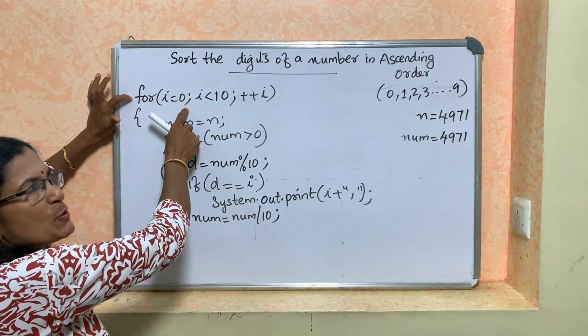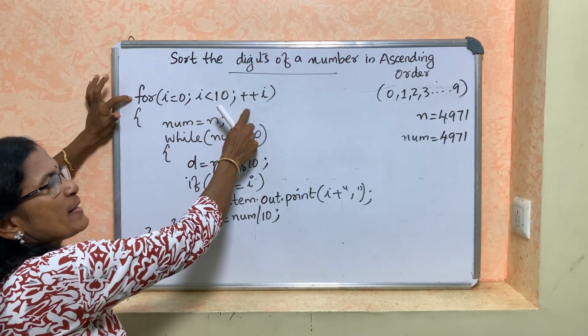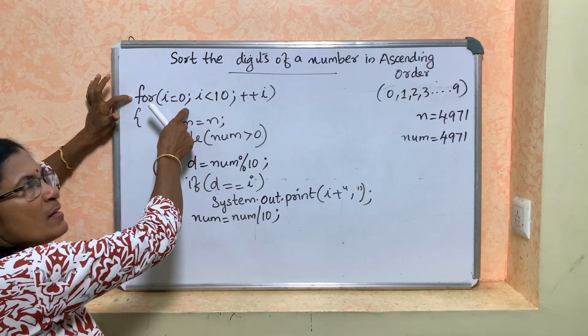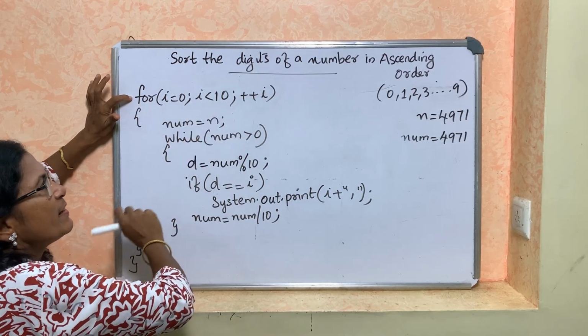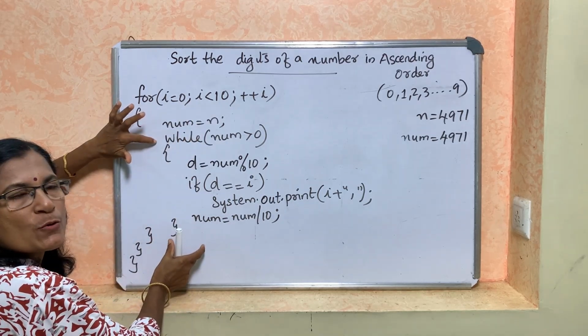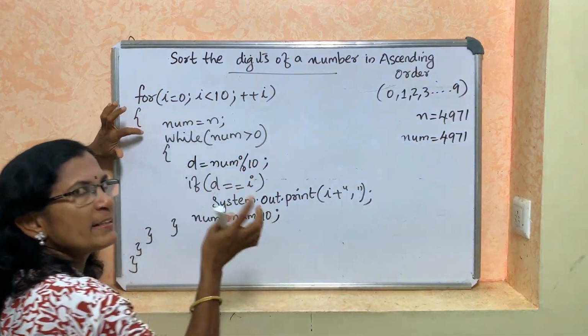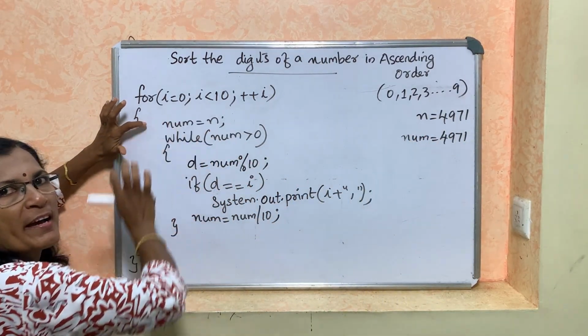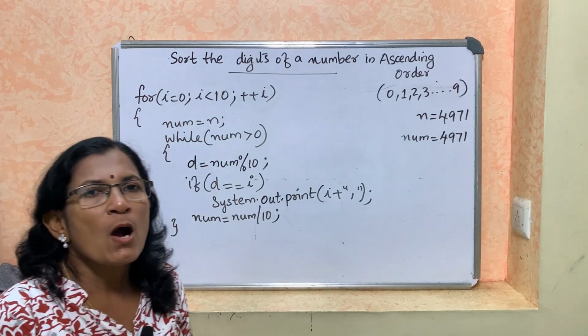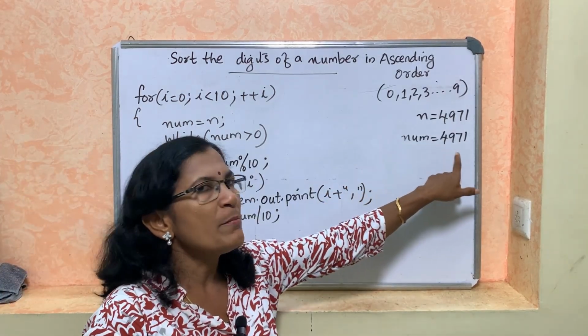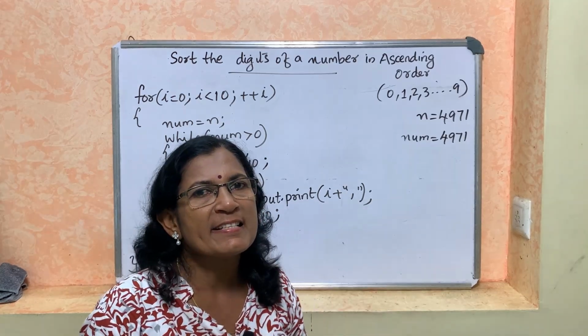For i equal to 0, i less than 10, plus plus i. So the variable i takes the value from 0 to 9. And an inner while loop is used to extract the digits of the variable num and compare them with the value of i. Now let's see how this nested loop functions with the value of num as 4971.